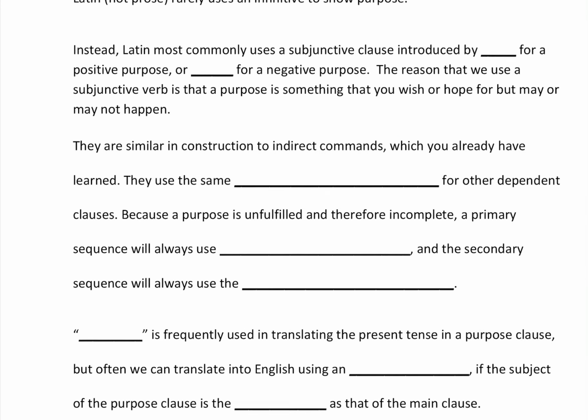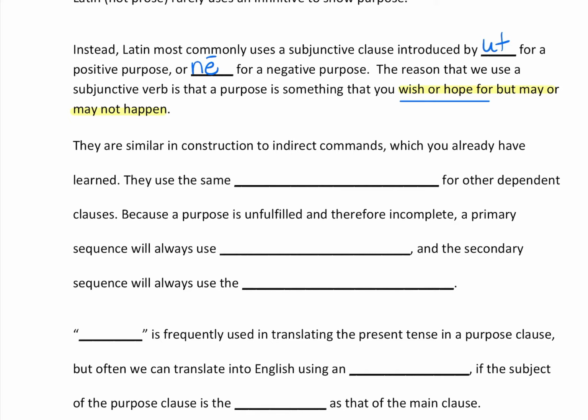So instead, Latin most commonly uses a subjunctive clause introduced by ut for a positive purpose, that means it doesn't have a not with it, or ne for a negative purpose. And the reason that we use a subjunctive verb is that a purpose is something that you wish or hope for, but may or may not happen. Do you remember that would define something subjunctive? Not factual, but you wish.